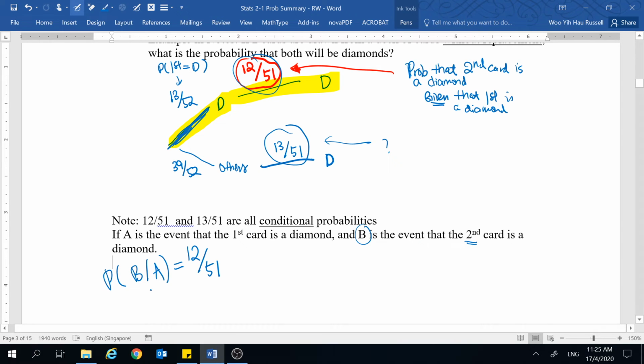Probability B given A. Make sense? Given that the first has happened.